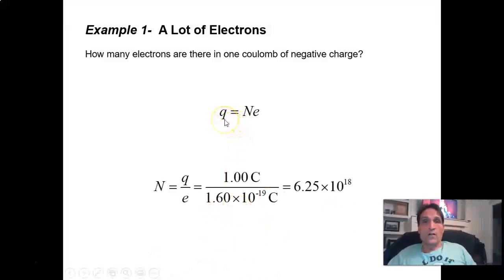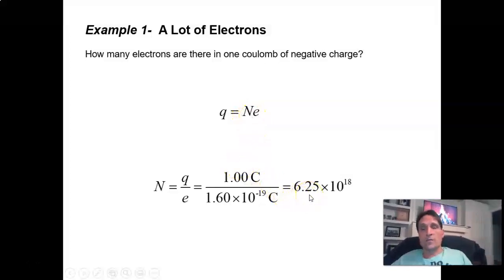Okay, so each electron has a charge of 1.6 times 10 to the negative 19 coulombs. And so if we set Q as 1 coulomb and calculate the number of electrons N in a coulomb, we see that there are 6.25 times 10 to the 18 electrons in 1 coulomb.